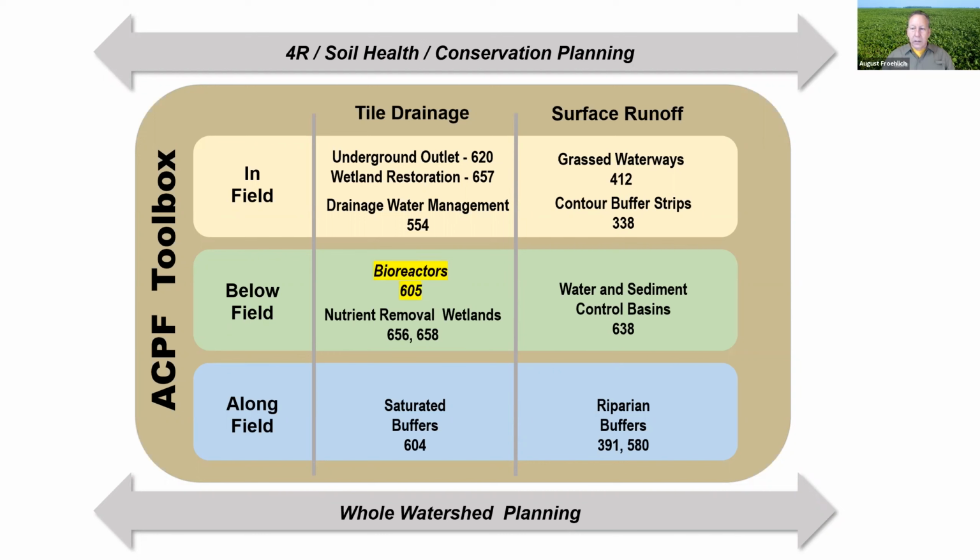That specific practice is what they designed this tool for, but I like to think, and I don't know if this is true or not, that it ought to be true that in addition to this specific practice for denitrifying bioreactors, this similar process could be used to identify sites for phosphorus reduction practices, like filter beds that have different media in them. We'll talk about that in a second.